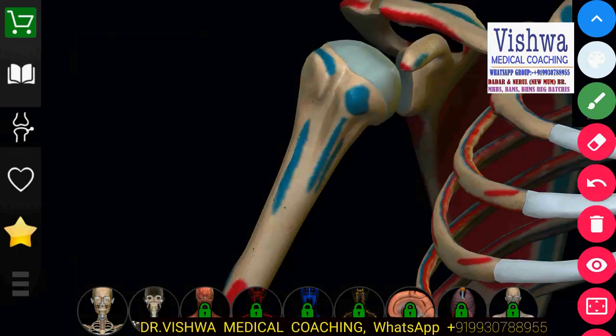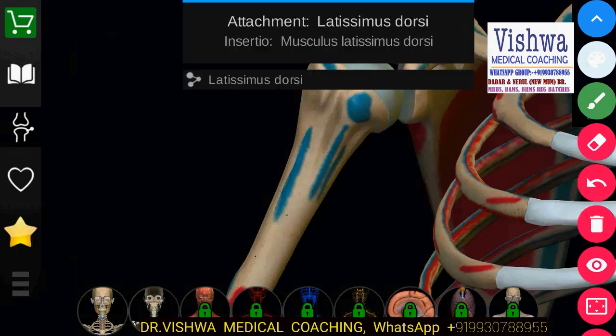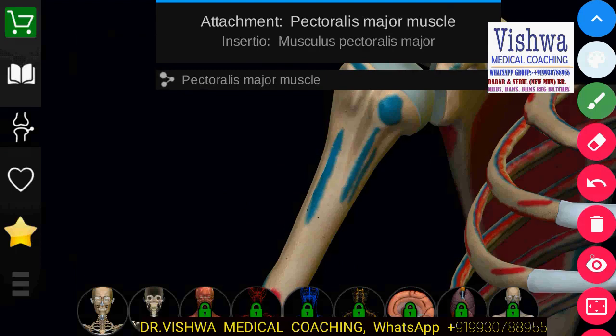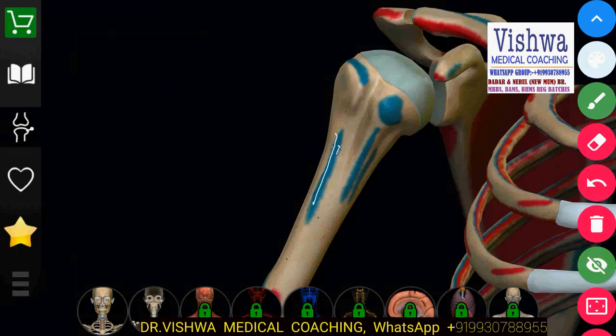Then remember, here we have a lady between two majors. If you can see properly, this is one of the ridges, this is the other ridge. Here we have a pectoralis major.